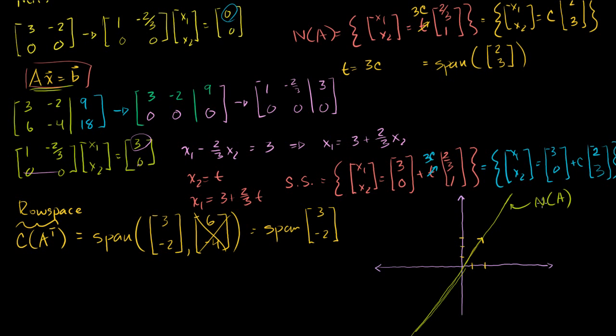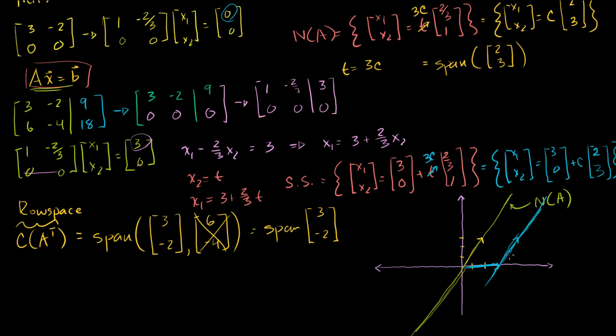Now, what is the solution set? The solution set is the vector 3, 0 plus members of the null space. So 1, 2, 3, that is the vector 3, 0. If you add 2, 3, it would look like this, but you're adding any multiple of 2, 3, so when you add all the different multiples, you get this line right here.